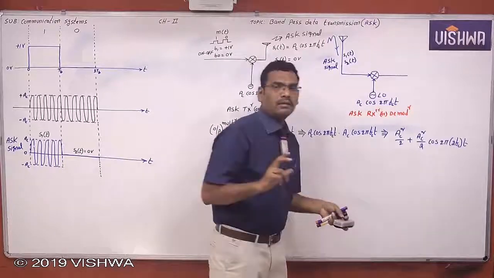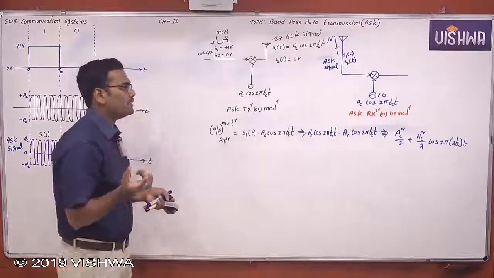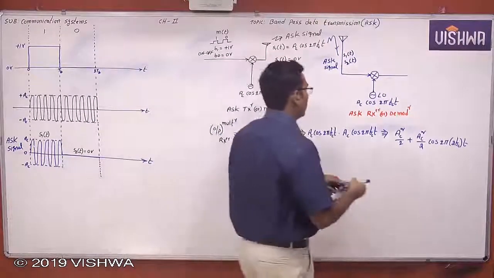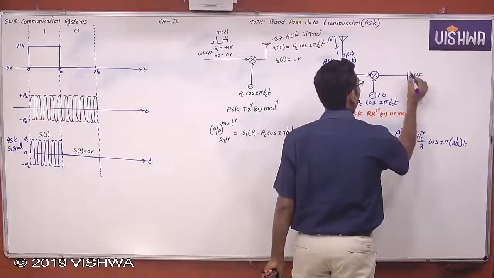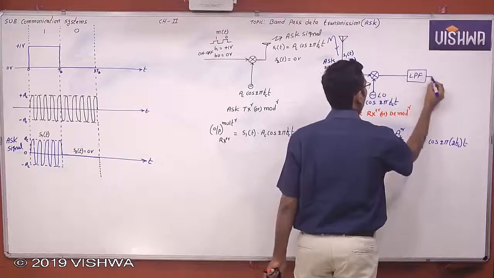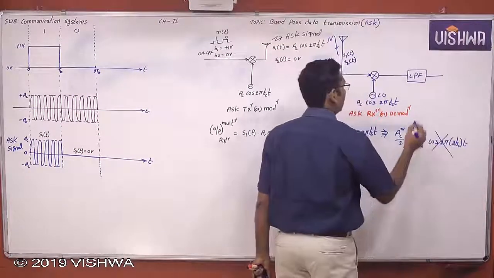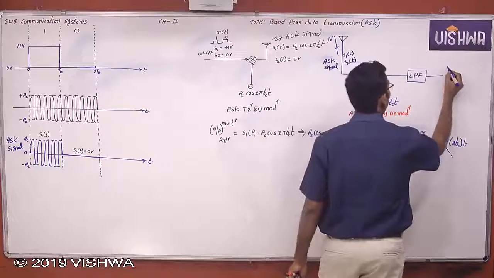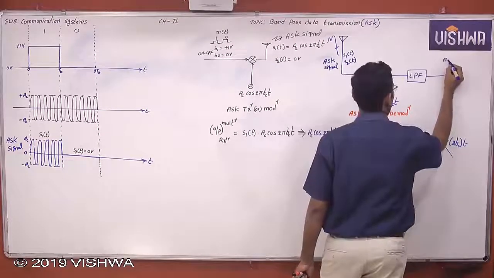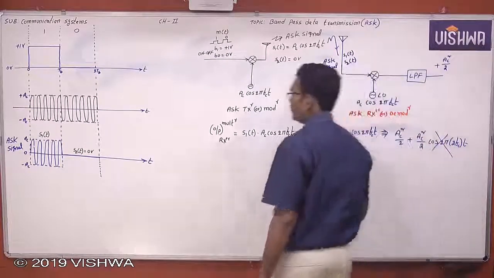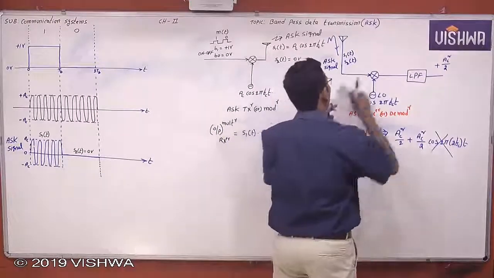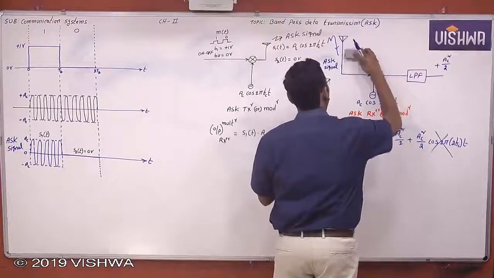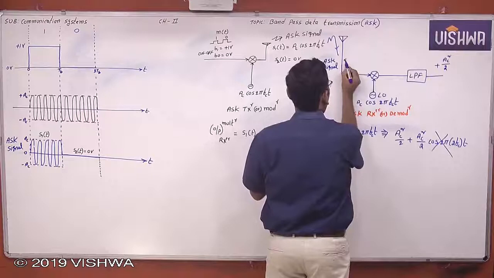But we want the output of the demodulator to be a low frequency information signal. So we keep a low pass filter here. The low pass filter will not allow this high frequency term. Then the output of the low pass filter is AC square by 2. What is AC square by 2? It is a positive voltage, am I not? Now this is for S1 of t.